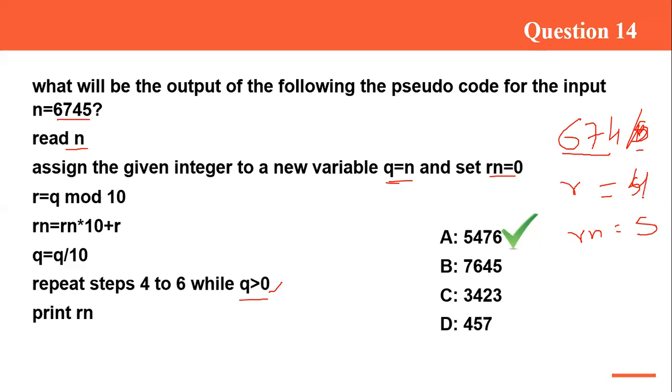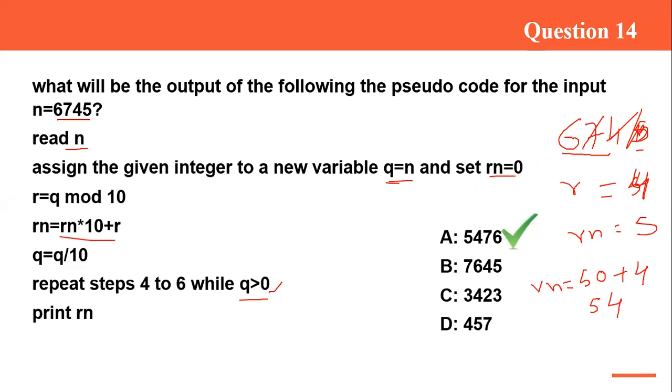Now again Rn is equal to Rn into 10 plus R. Rn is 5 initially, so 5 into 10 is 50 plus R, which is 4. It will be updated as 54. I hope you are able to see. We got 5, then we got 4, then we got 54. Next time, Q equal to Q by 10 will become 67.